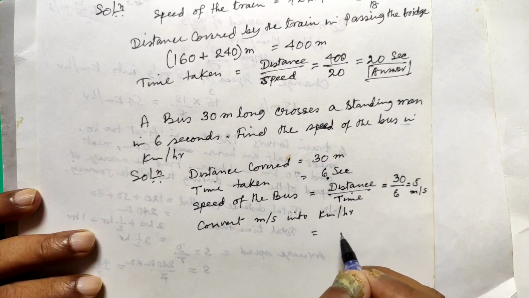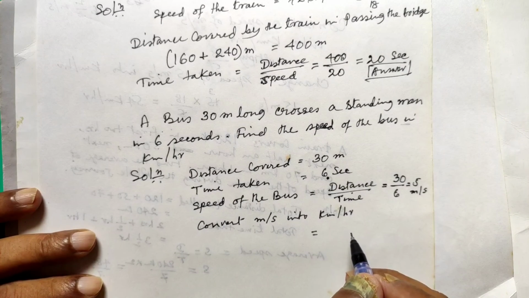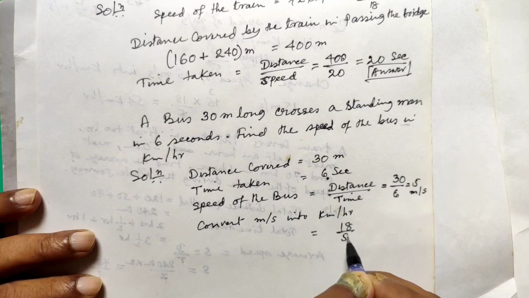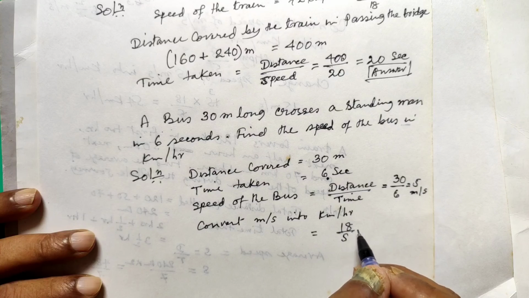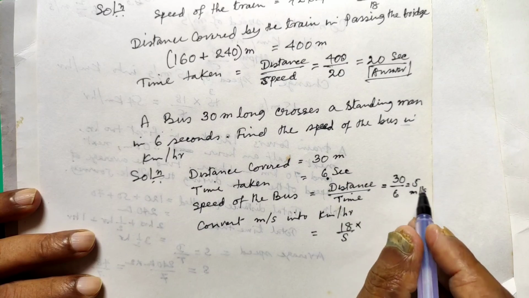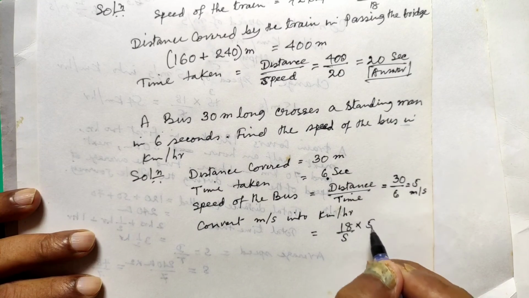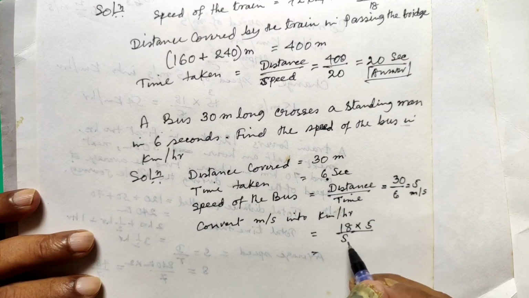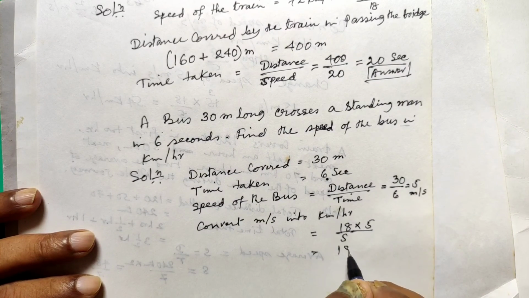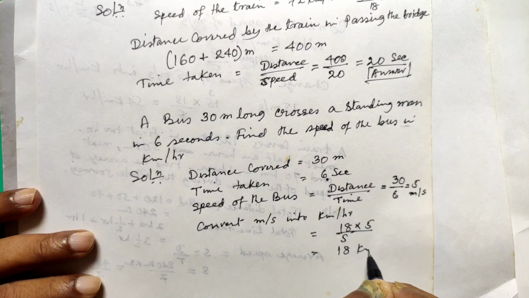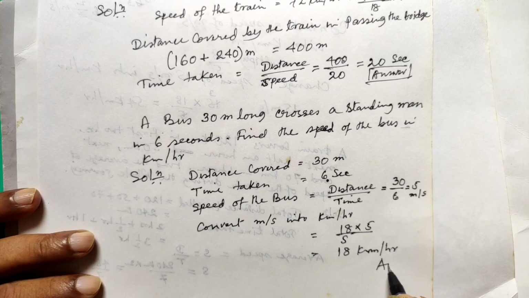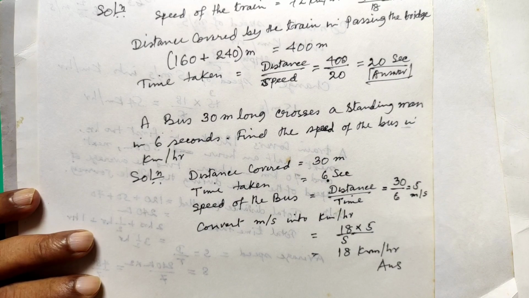So in that case, we will just simply do 18 by 5 and this is our answer, okay? So if you cancel 5 by 5, then what is left? 18. That means 18 kilometer per hour is your answer, okay?